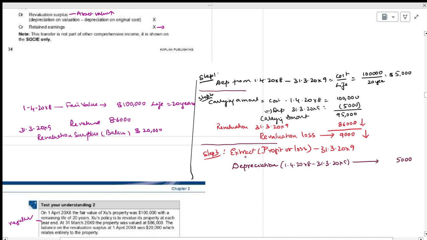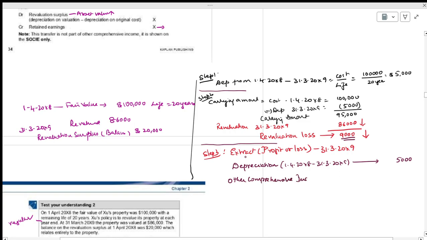See, this is the normal one. Now, how much is the revaluation loss? 9,000. We will not show it here. We will show it separately in other comprehensive income.